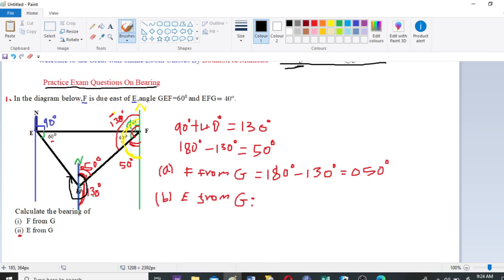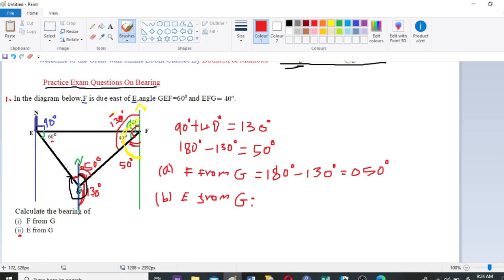Now to find this bearing, I need to calculate the size of this angle here, and subtract it from 360, and I'll find the bearing stretching from north to the line from G to E.